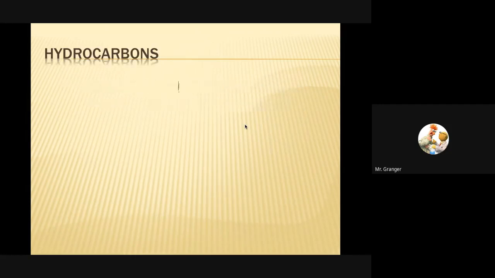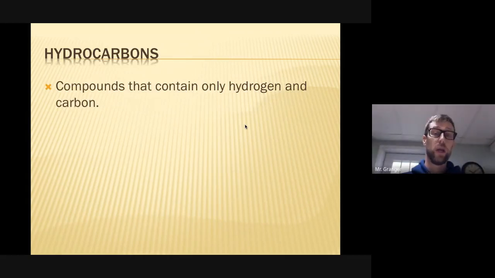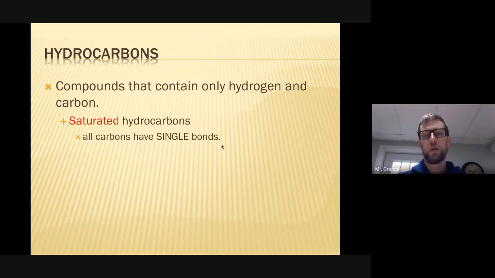You might hear the term hydrocarbon when scientists are talking about organic compounds, and hydrocarbons are simply carbon-based compounds that have hydrogen attached to them as well. They're made up of those two elements, hydrogen and carbon, thus hydrocarbons. We can have saturated hydrocarbons, which have all single bonds, like our butane example on the last slide when we were looking at isomers. Those butane molecules had only single bonds, so we would say that's a saturated hydrocarbon.